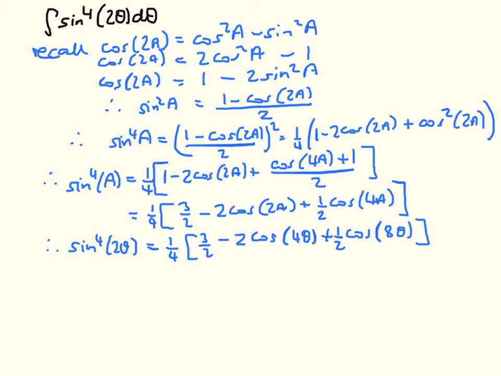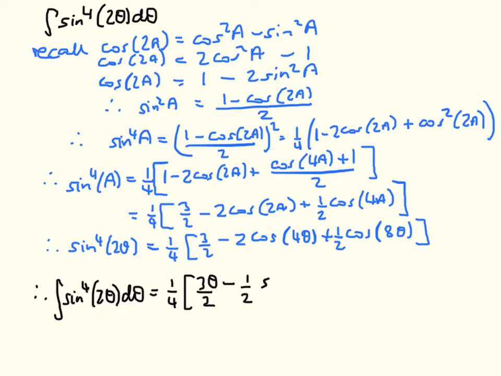So this tells us overall that the integral of sine to the power of 4 of 2 theta with respect to theta is going to be 1/4 times 3 theta over 2 minus, and now we divide this next term by 4, so we have minus 1/2 sine of 4 theta, and then we have plus 1/16 times the sine of 8 theta.